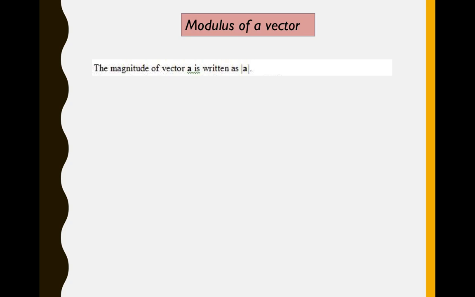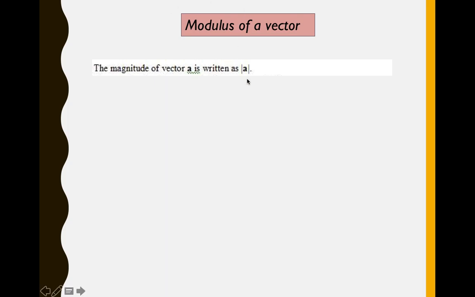And how is it written? It is written with two vertical bars. You can see the two vertical bars on either side of the vector A. The magnitude or the modulus of the vector A is written as such, with two vertical bars on either side of the vector. What do you mean by the modulus of a vector?